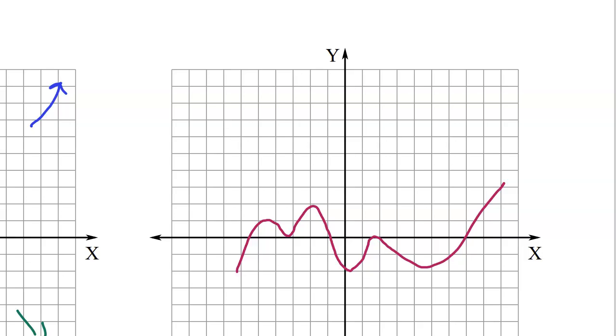So the multiplicity is going to tell us what is happening at that zero. Does it touch and come back down or go back up? Or does it go through the x-axis? So the multiplicity actually tells us what is happening at that particular point.